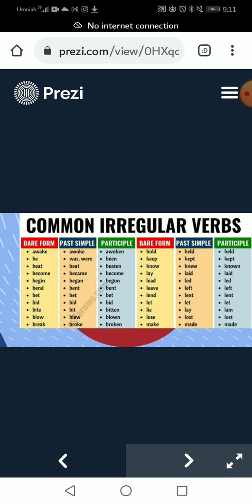The base form is be, while in the past simple, it's was or were, depending on the subject. And in the participle, it's been. As well, become. In the base form, it's become. Past, it's became. While in the participle, it's become. And so on.